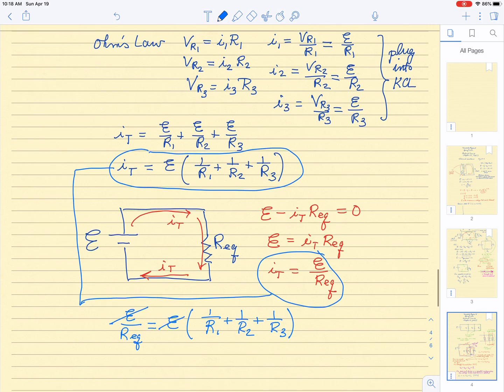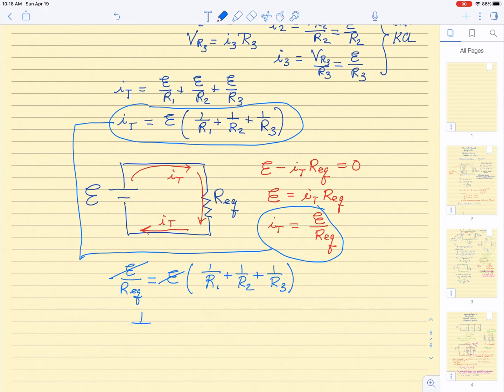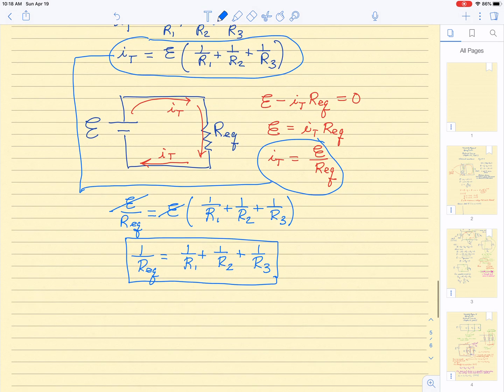The EMFs cancel from both sides, and we get that 1 over R equivalent is equal to 1 over R1 plus 1 over R2 plus 1 over R3. And we arrive at the recipe for determining what the equivalent resistance is in the transformed circuit.